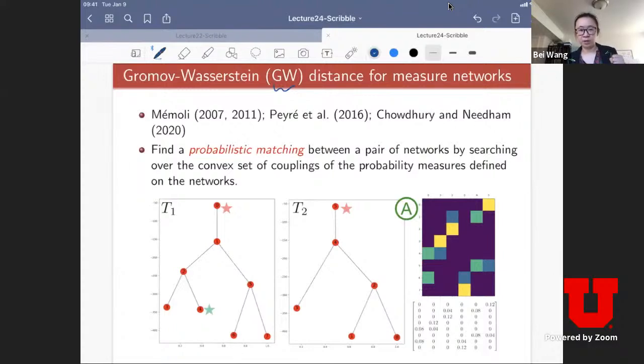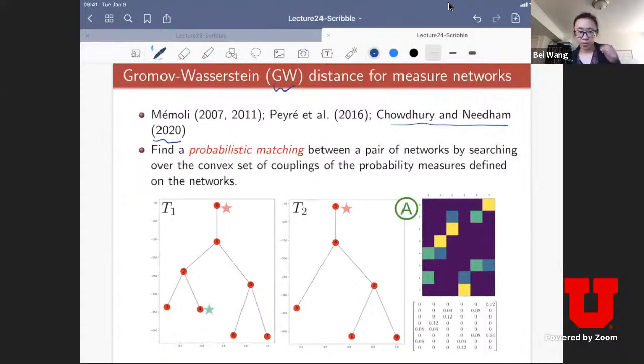There's a work from 2016. The one that is closely related to what we do comes from a work in 2020, so it's very, very new. This is from Samir and Tom. What they looked at is a pair of networks; in our case, the networks happen to be simpler, they are trees.